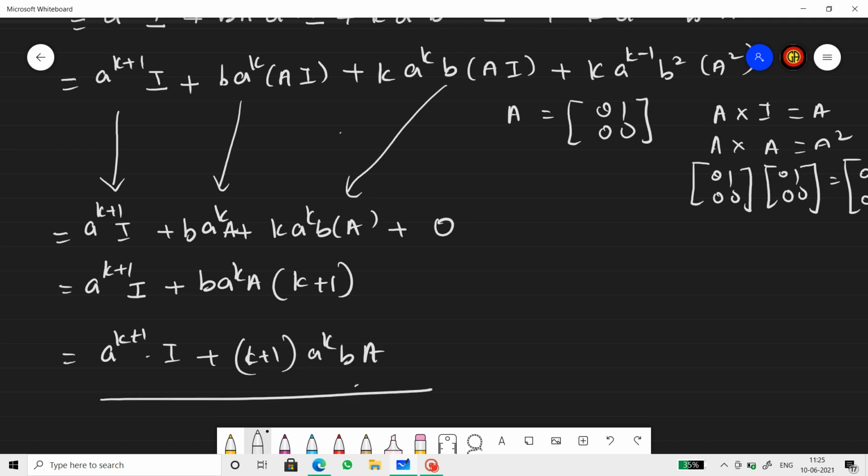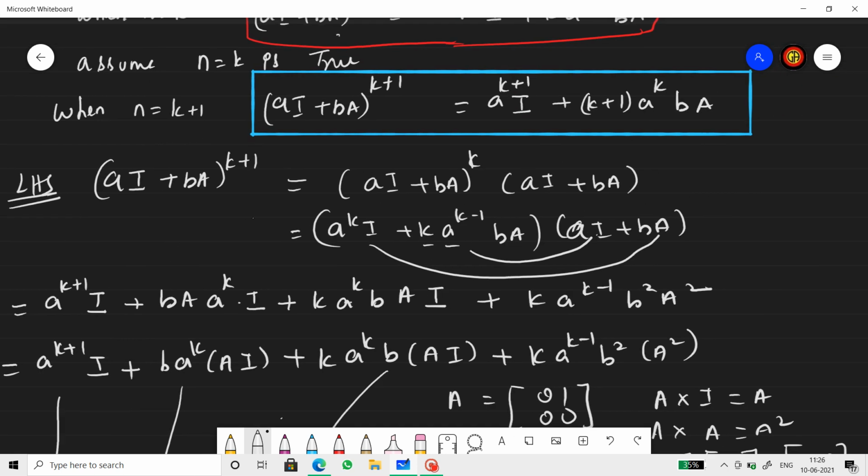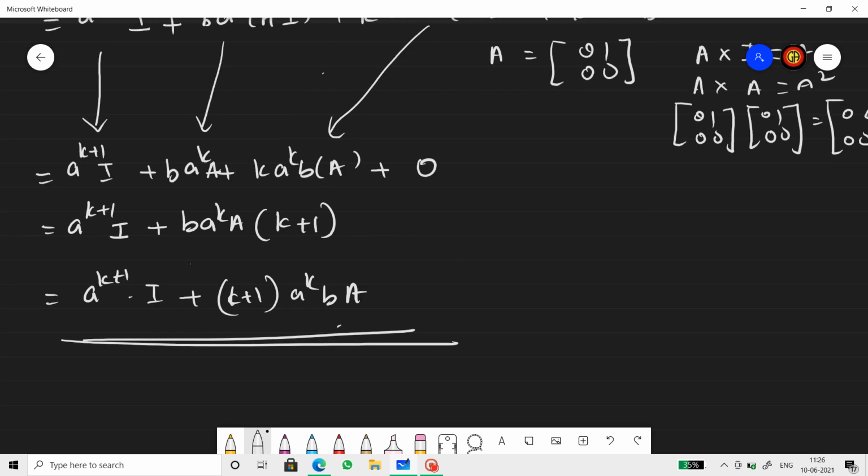So this is what we are getting as the LHS expansion. Let's see if we are getting the RHS or not. A^(k+1) I plus (k+1) A^k BA. A^(k+1) I plus (k+1) A^k BA.